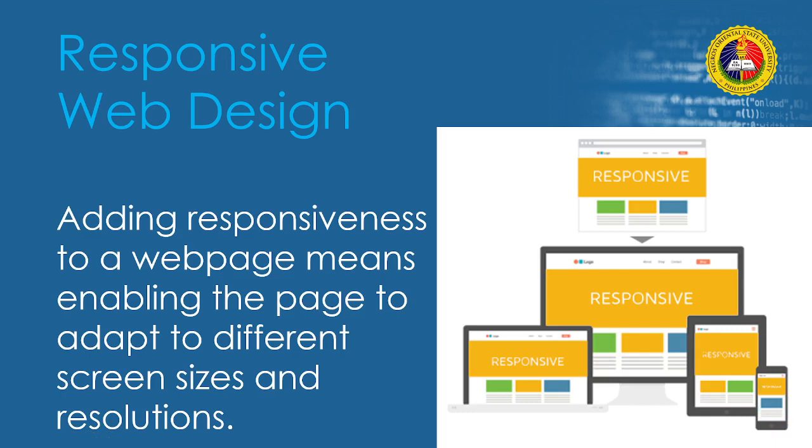In that way, the viewers will be able to see it clearly, so it's clearer for the users, because generally smartphones or mobile devices are much smaller compared to desktops. That's why we have to set our website in a way that it will appear big, it will appear clearly even if our users or our viewers are going to use mobile devices. So that is the idea about responsive web design.